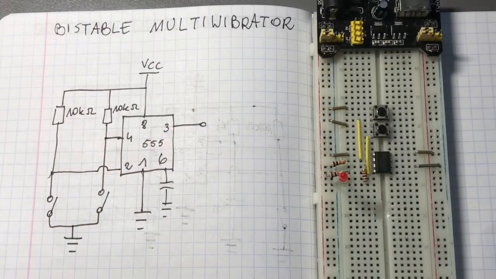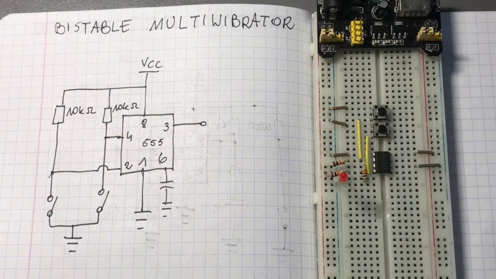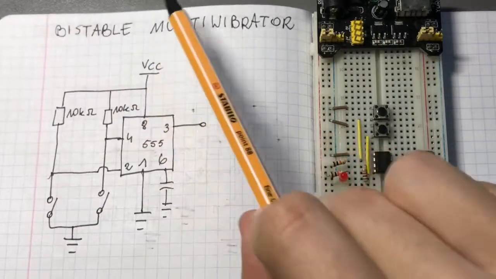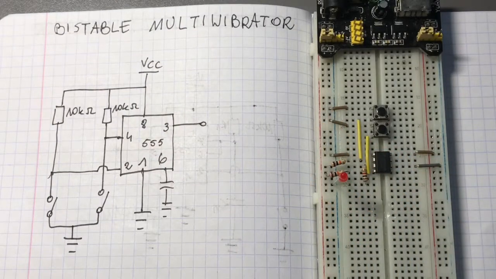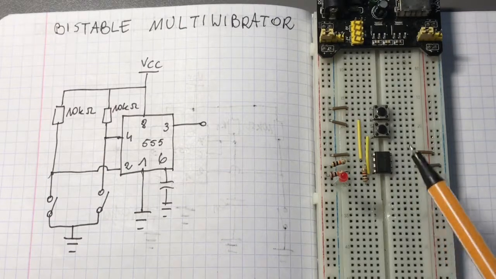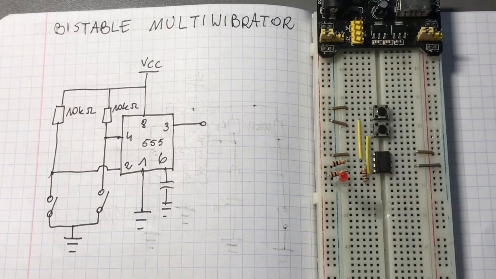Okay, so this is another use, with a schematic and a practical example right away because it's pretty simple. This is a bistable multivibrator, but this time it doesn't oscillate. We are just using the internal flip-flop of the 555 timer, and we have just two buttons.